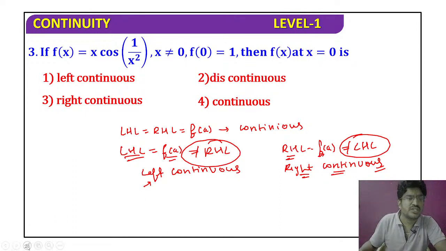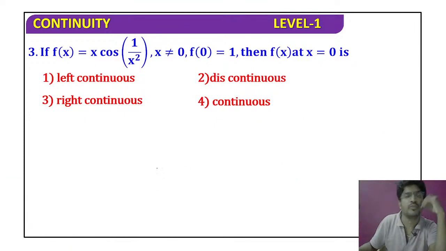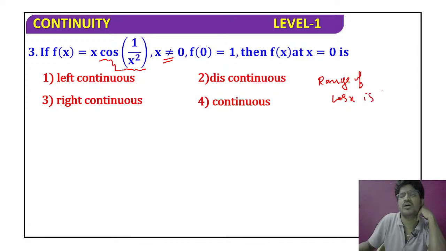Okay, so now with these concepts we can go for this problem. Here what they have given is cos of 1 by x square. Anyway, x is not equal to 0, and we know that the range of cos x is from -1 to +1.